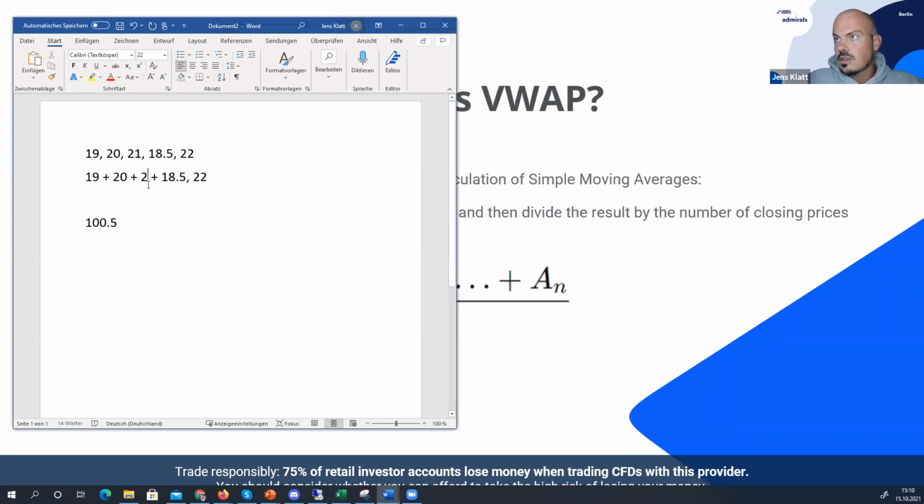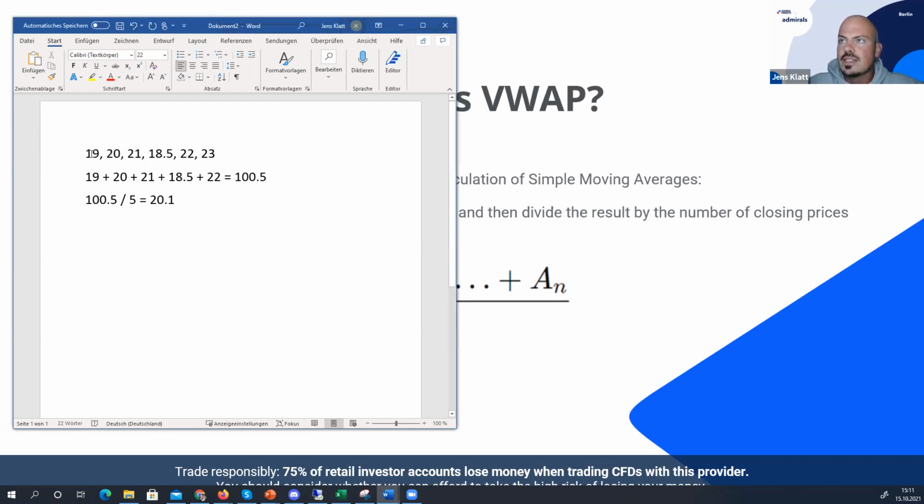And then the next step, we take 100.5 and divide it by 5, and you get 20.1. So the SMA 5 of these 5 closing prices is 20.1. This is the simple moving average.